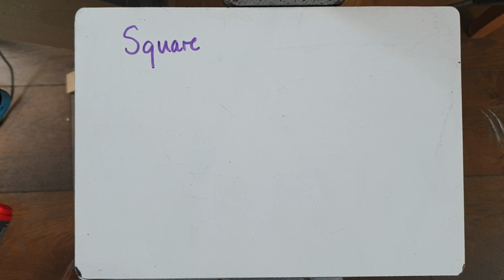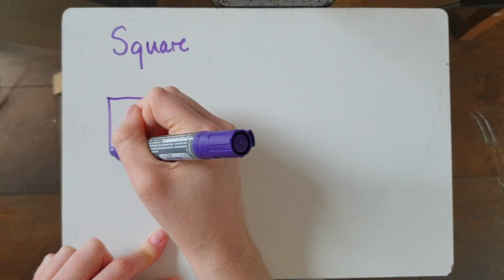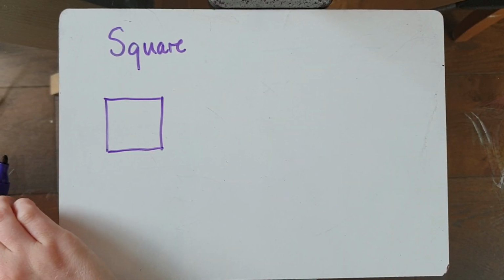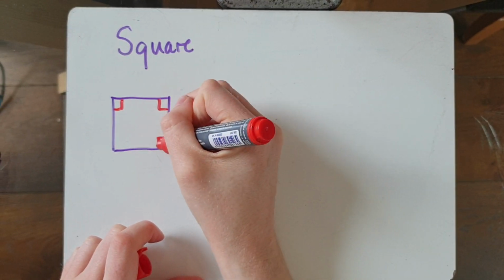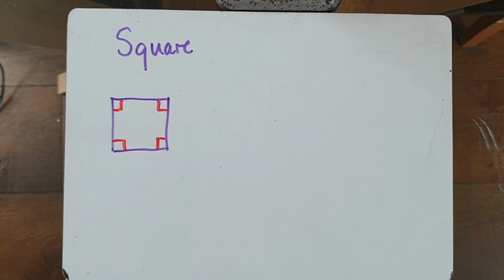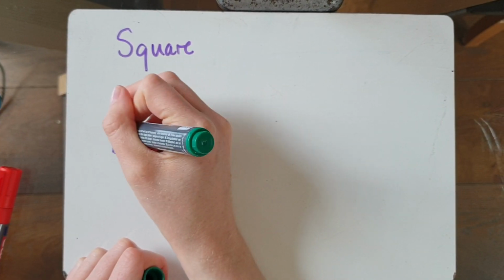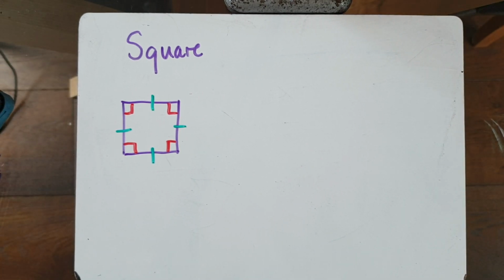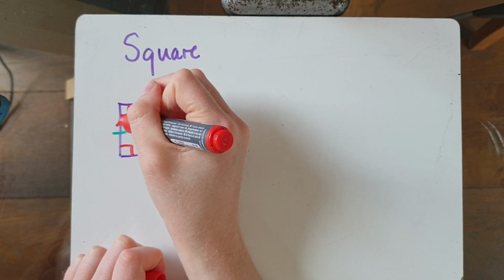So, for a square, it has 4 right angles. It has 4 equal sides. And it has 2 pairs of parallel sides, which is going to be a little bit tricky to draw on, so we can just write that.